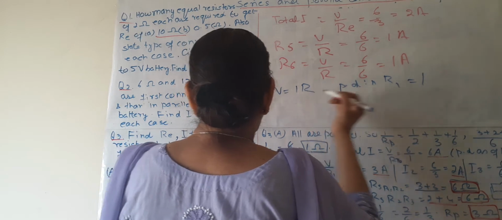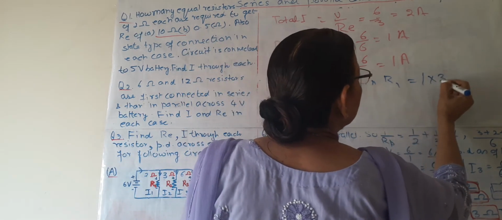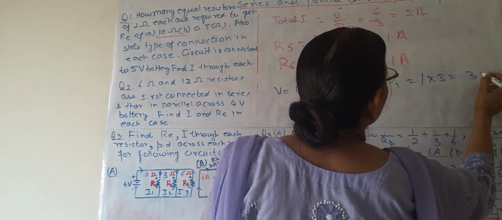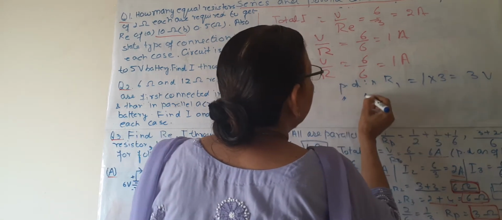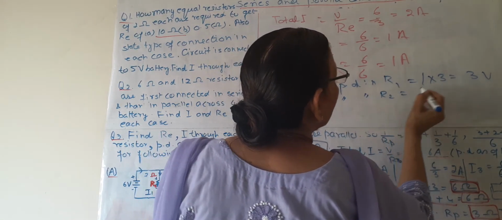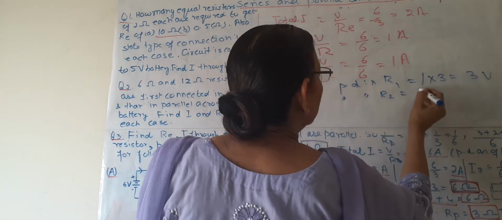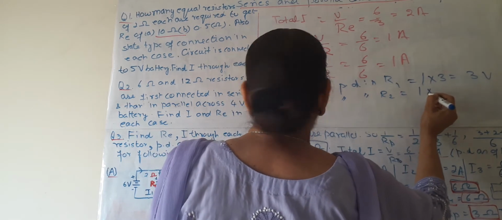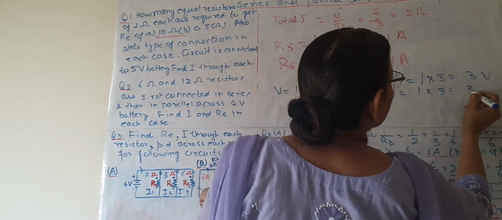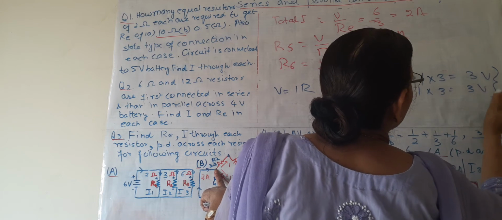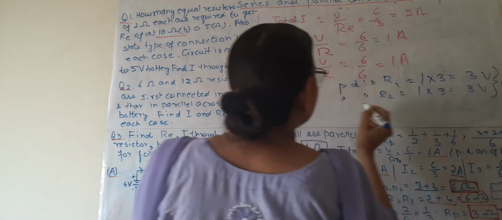And what is the R of R1? 3. So 3 volt. PD in R2, R2 also has 1 ampere and 3 ohm, that is 3 volt. This will be equal to 6.